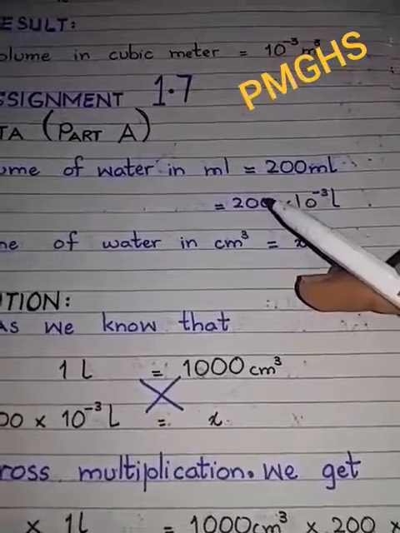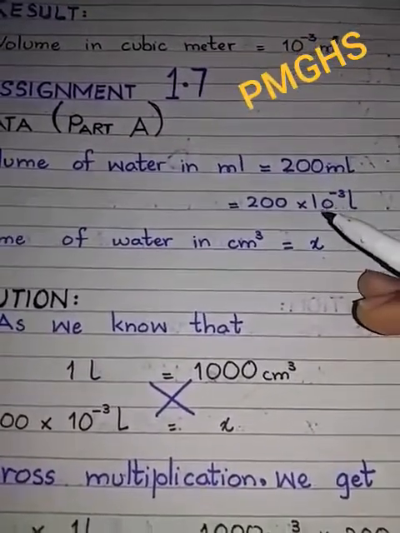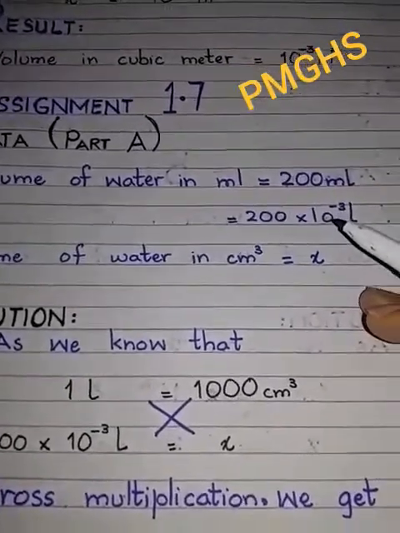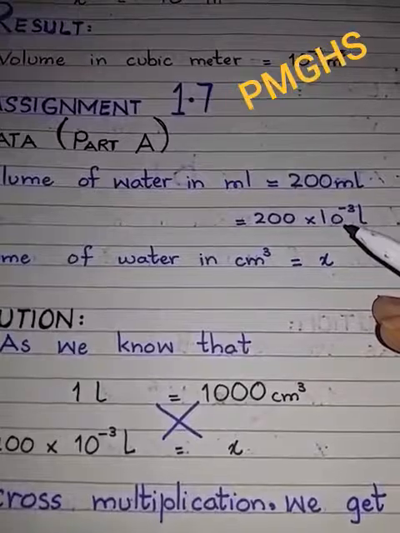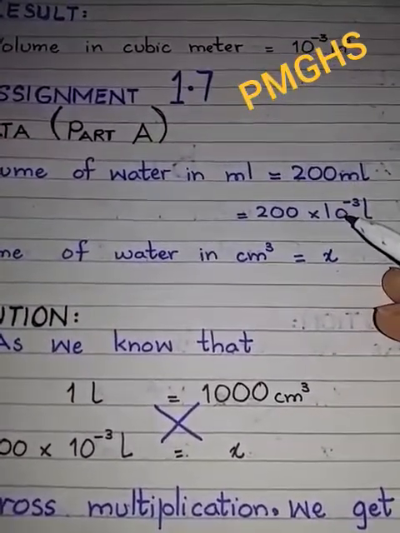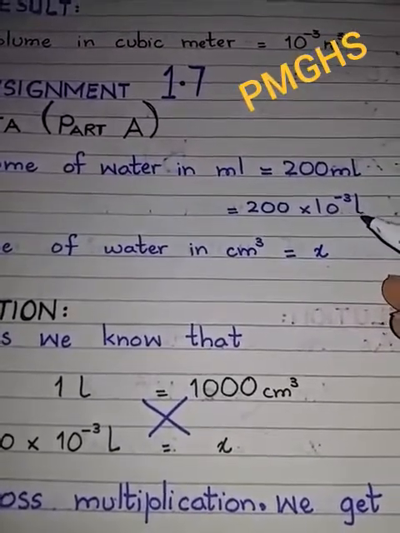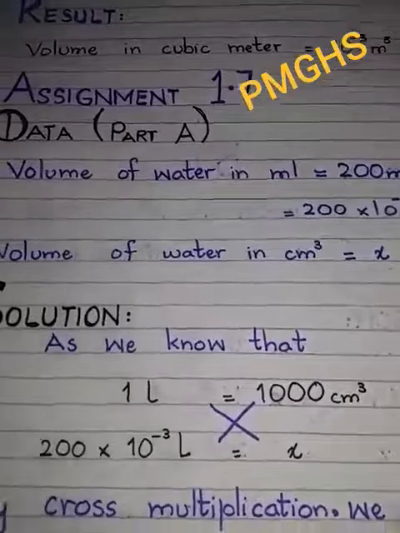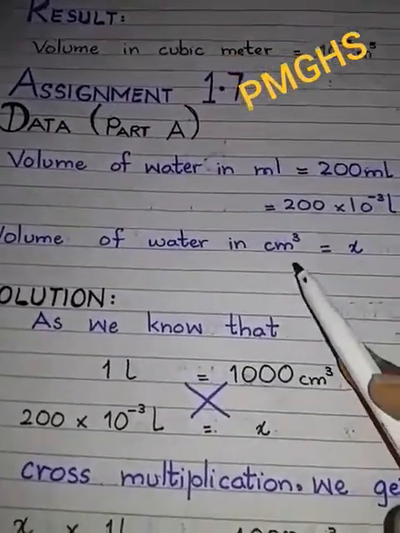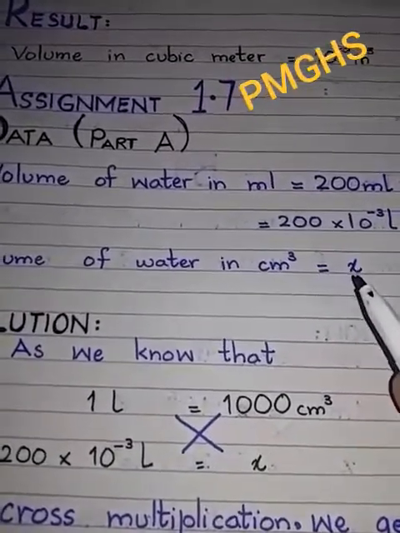So 200 multiplied by milli, where milli is equal to 10 raised to power minus 3, which I already discussed in the table of prefixes. The remaining unit is liter. Now the required data is the volume of water in centimeter cubic, equal to x.